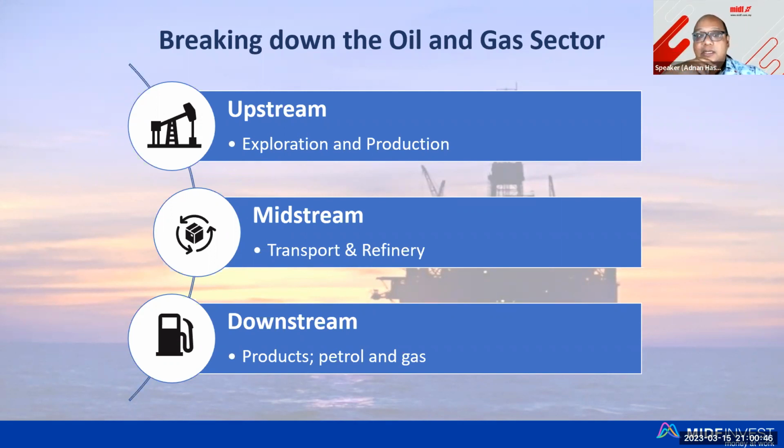So the midstream is to process the raw crude oil into different types of products. And the downstream is products that we use on a daily basis. As I mentioned, if you go to a petrol pump or a petrol station, that is the downstream.